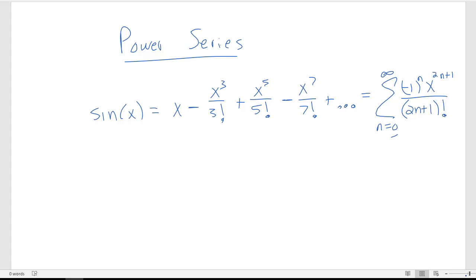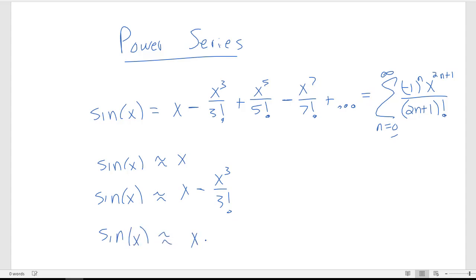Now, I can think about the sine function being approximated by just the first term in that series, or by the first 2 terms, or by the first 3 terms in that power series, and so on and so forth.